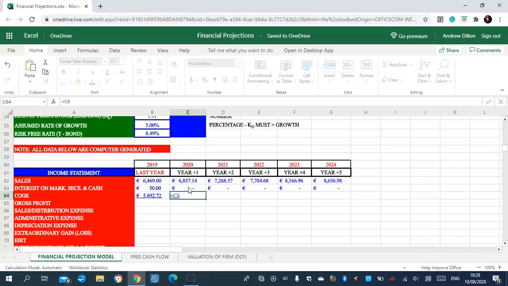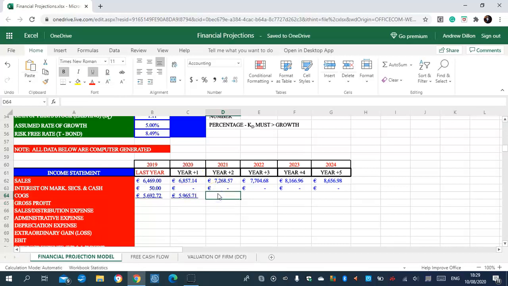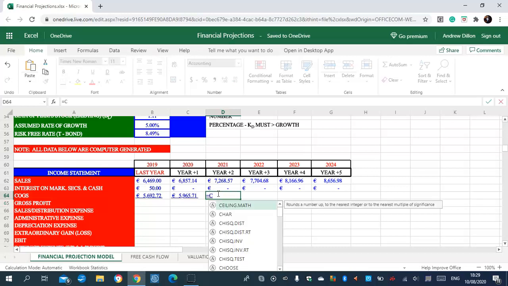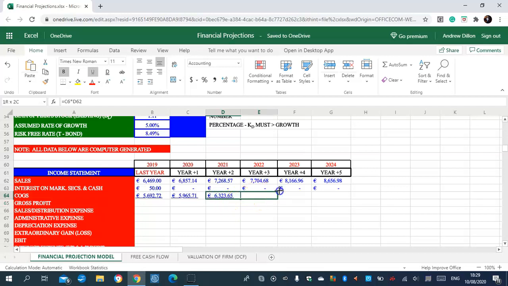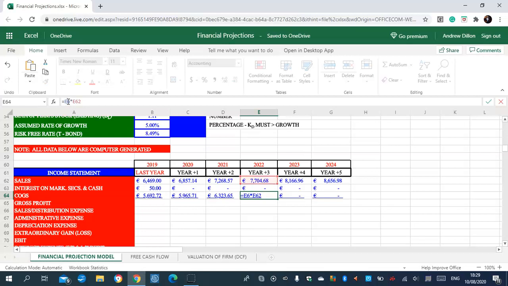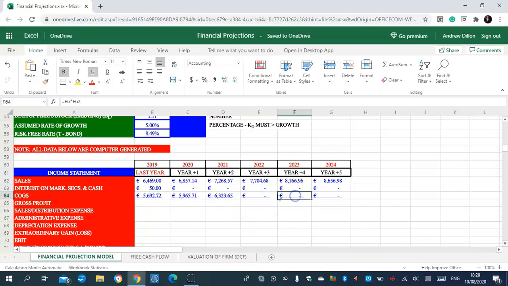Say C6 multiply C62. Equals C6 multiplied by D62. Yep.